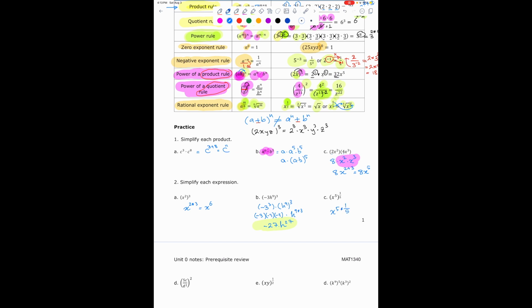Now, when you're going to multiply fractions, remember that the numerator multiplies the numerator, denominator with the denominator. The denominator of any integer is 1. So this is going to become x to the 5/5, which we can basically say 5/5 is 1. So it's going to be x to the 1 power, or basically just x. Okay.